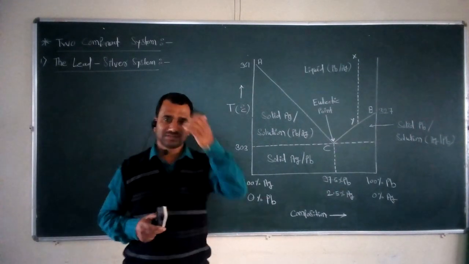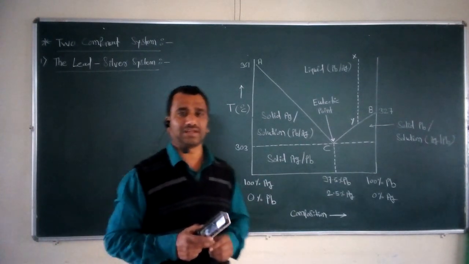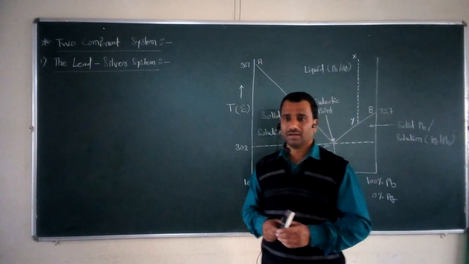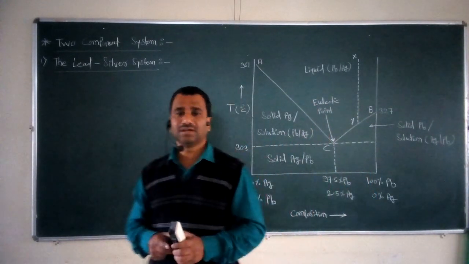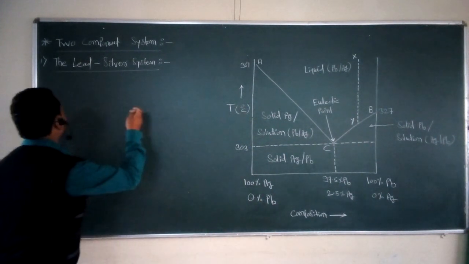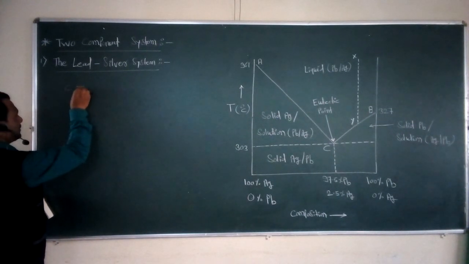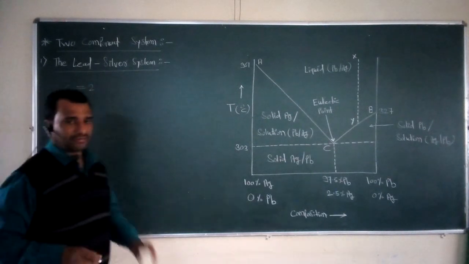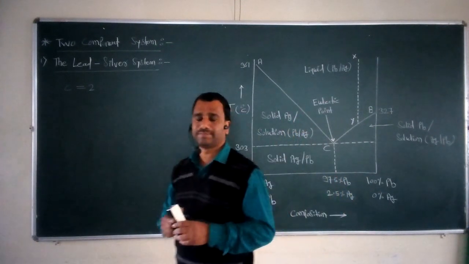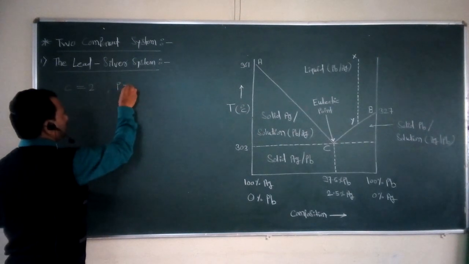Before studying the phase diagram for this lead silver system, we have to consider the two component system in describing the system completely. Suppose the value of C is equal to 2, and suppose one phase is present, so P is equal to 1.